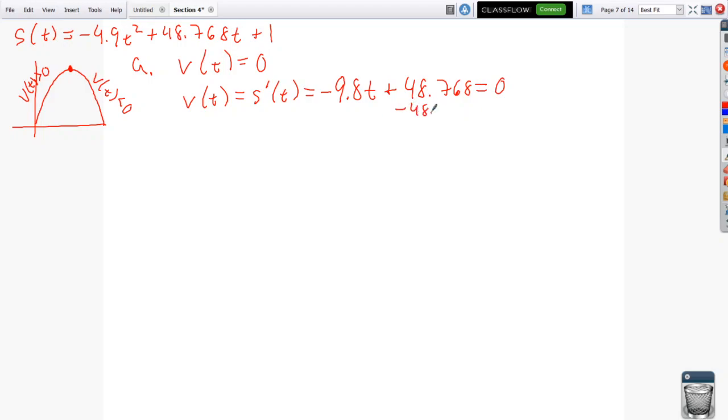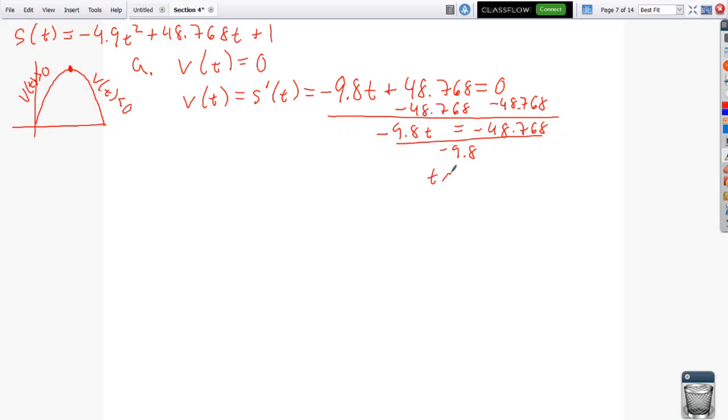Okay, equals 0. Let's see. Subtract 48.768 from both sides. We've got negative 9.8 t is equal to negative 48.768. Divide by negative 9.8.